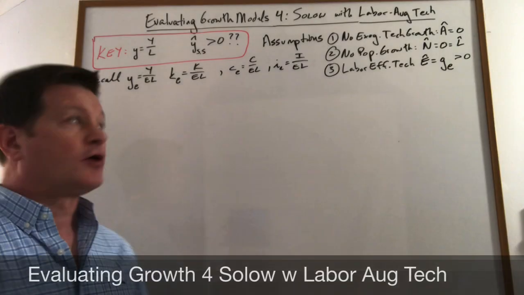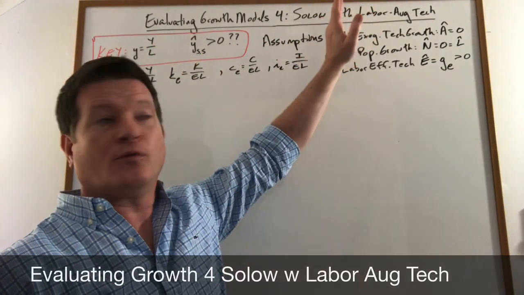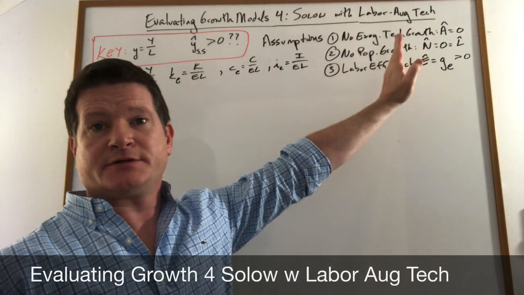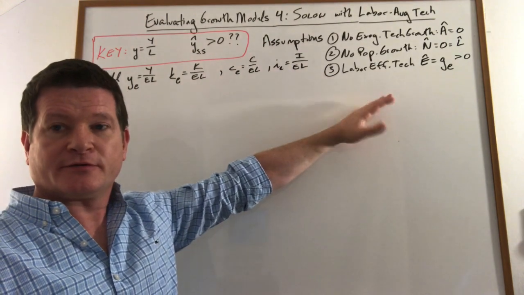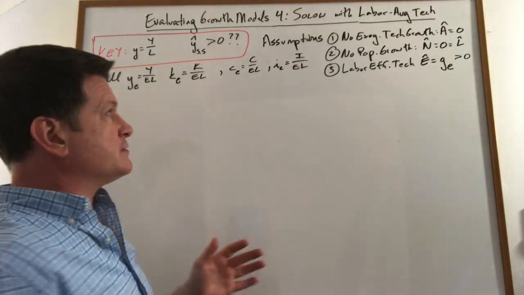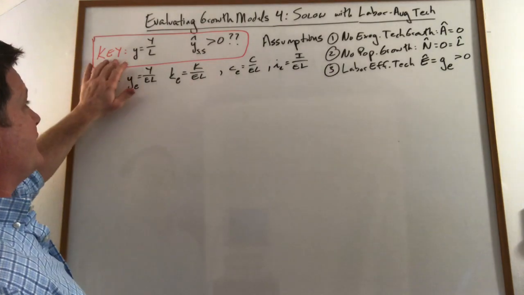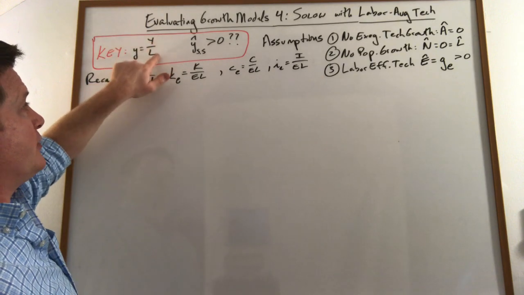This lesson looks at evaluating the Solow growth model with labor augmenting technology. So I wrote a few extra notes here to remind us, because this is really the only special case I consider in this course. So I modified our key result. This is still our key metric, GDP per capita.